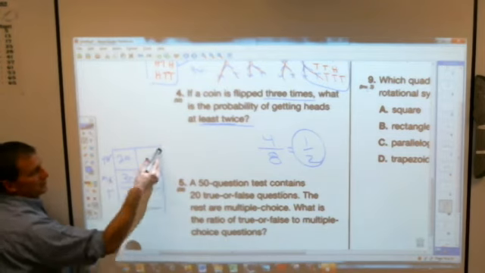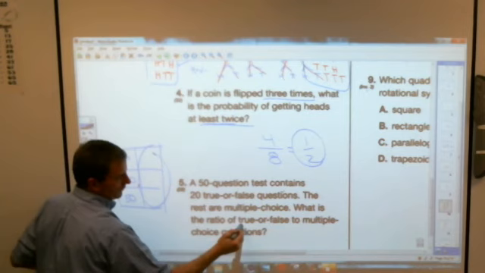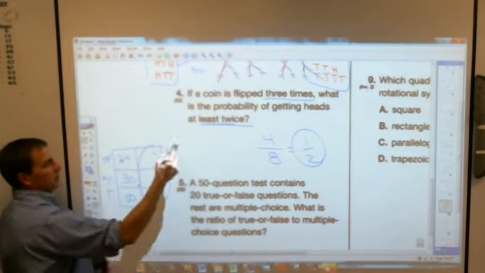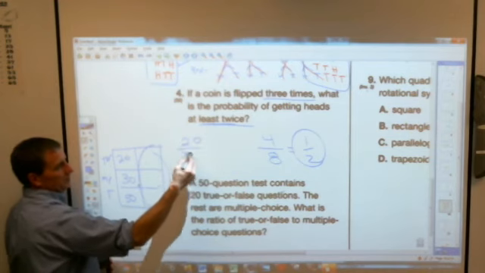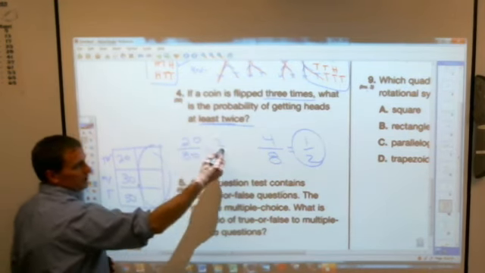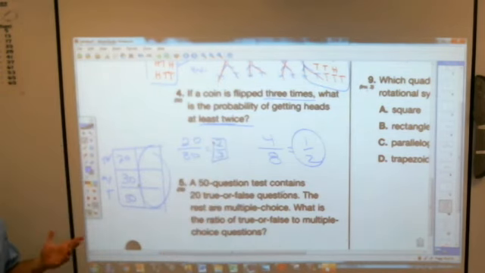But they don't ask you to find any numbers. They just ask you for the ratio of true or false to multiple choice, the ratio of 20 to 30. There's 20 true or false, there's 30 multiple choice, so that is the ratio.